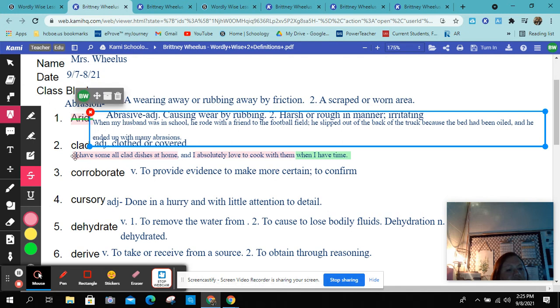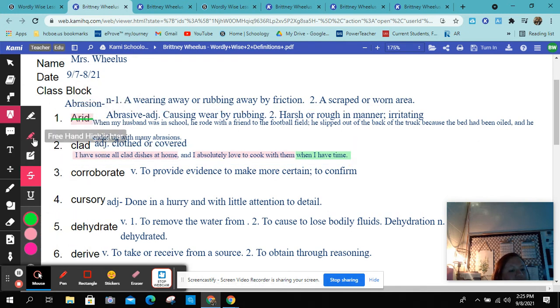Okay, so I'm going to highlight my dependent clauses. This is a dependent clause. Now, he rode with a friend to the football field. Is that dependent or independent? Independent. So what do you have right there? A complex sentence. Good.